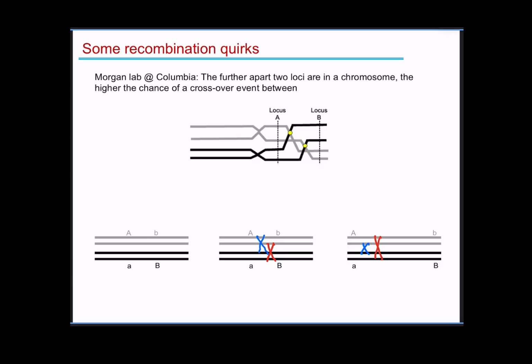If we stop there, that would make for 100% recombinant gametes. Now, 100% of your gametes have an allelic combination that is different from the original. You will have 100% of the gametes with 2 dominants or 2 recessives. But the further apart these things are, the higher chance that there's going to be a third crossover event here that undid the first. And maybe even a fourth crossover event here that undid the second.